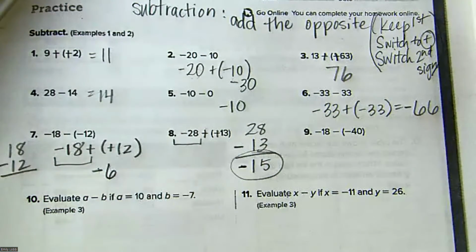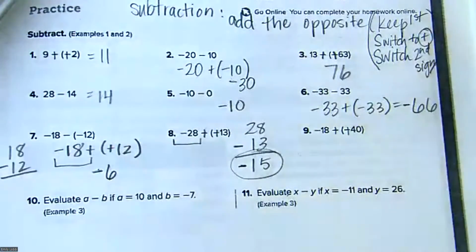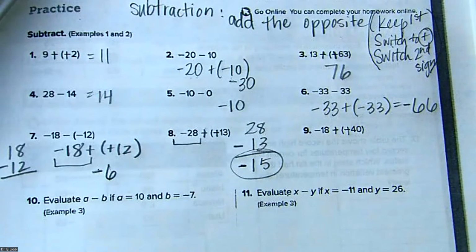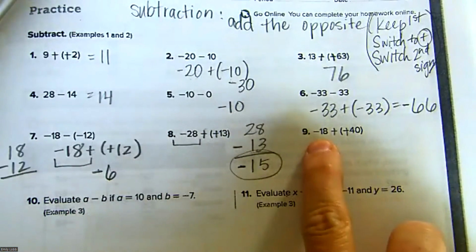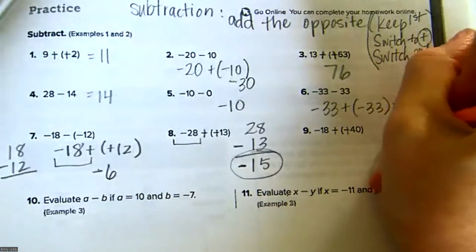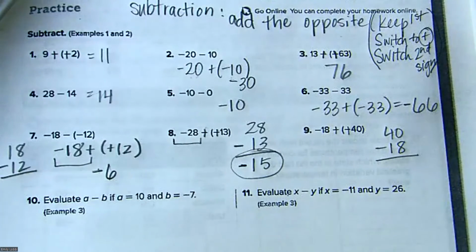This last one on this row is going to be a positive answer, because we have a positive 40 and a negative 18. Well, this is just like 40 minus 18, because our signs are different. So we find the difference, which means to subtract. Big minus little.